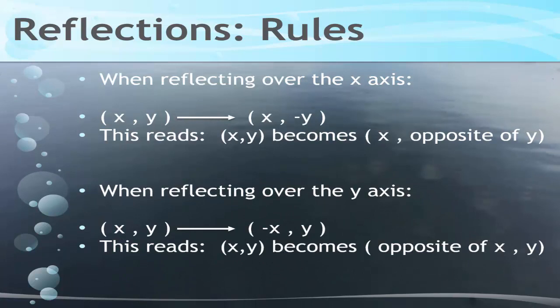When reflecting over the y-axis, (x, y) becomes (negative x, y). This reads (x, y) becomes (the opposite of x, y). And again, the same process takes place. Whatever value my x was in my original coordinate, it's going to become its opposite.